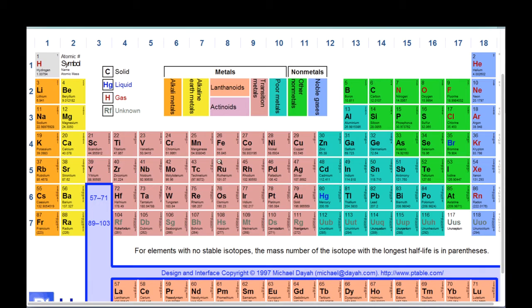Then in the fifth period, followed by the same rule: 5s1, 5s2. Then it'd be 4d1 through 4d10. Then it would go back to 5, so it'd be 5p1 through 5p6.